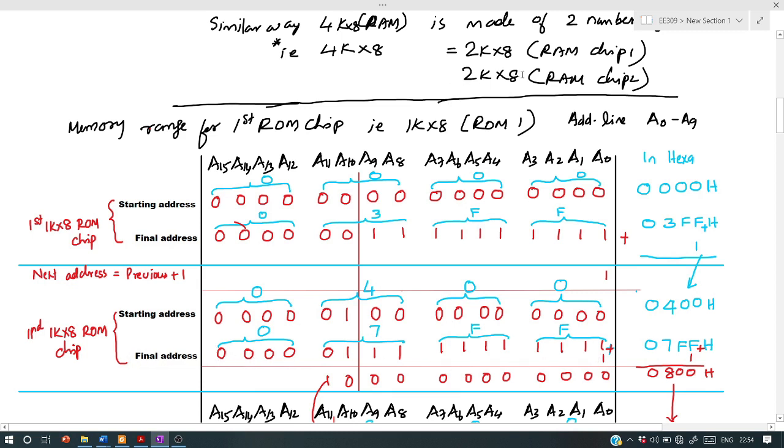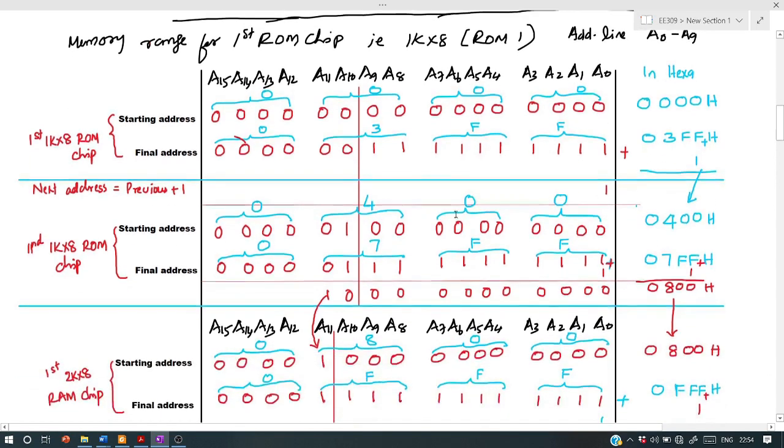In a 2K into 8 RAM chip, the address lines required are A0 to A10. So up to A10, the variation will come into picture. That is, initially all become 0 from A0 to A10, then finally all become 1 from A0 to A10.